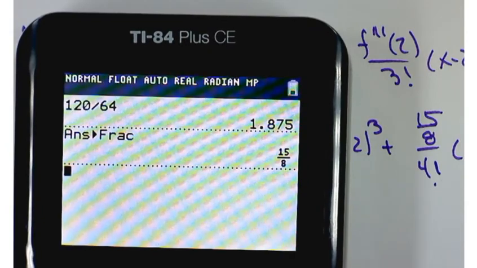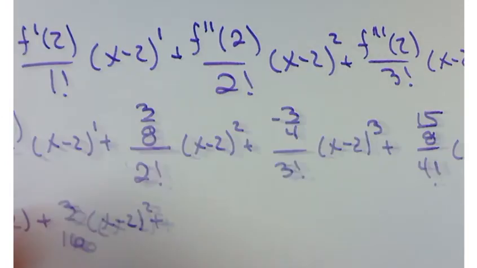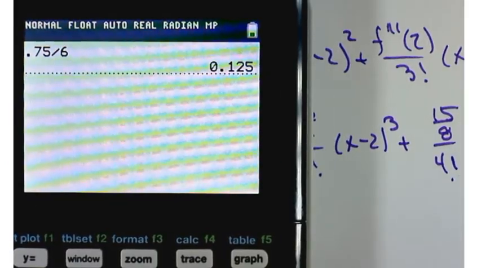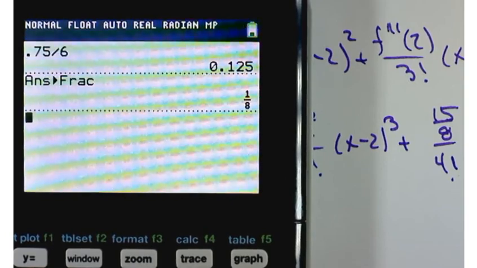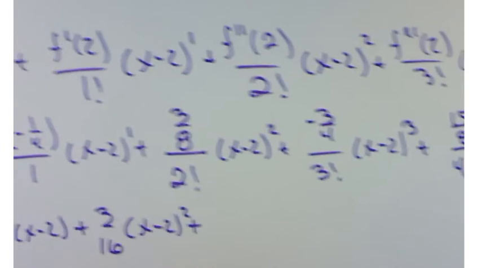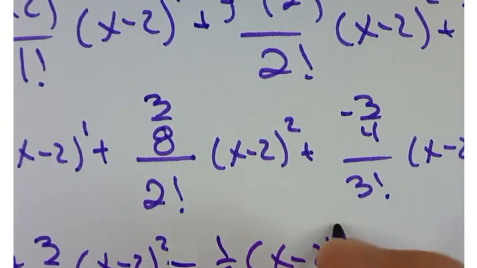So we'll skip the negative part. We know that. 0.75 divided by 3 factorial, which is 6. And then hit the math key if you don't recognize that. That's 1/8. Okay, cool. So minus 1/8. Yeah, let's make that a minus. Minus 1/8 x minus 2 cubed.